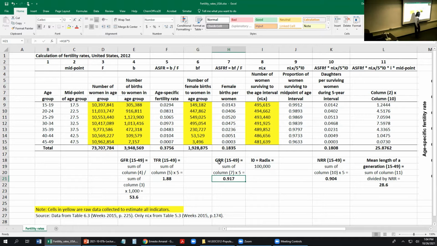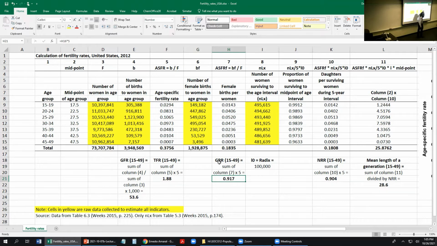Another way to say it is the daughters per surviving woman during a 5-year interval. So considering mortality of mothers, that they could die before reaching the specific midpoints here, this woman will have 0.014 daughters for every woman. If you multiply by 1,000, 14 daughters per 1,000 women in this age group, considering already mortality.